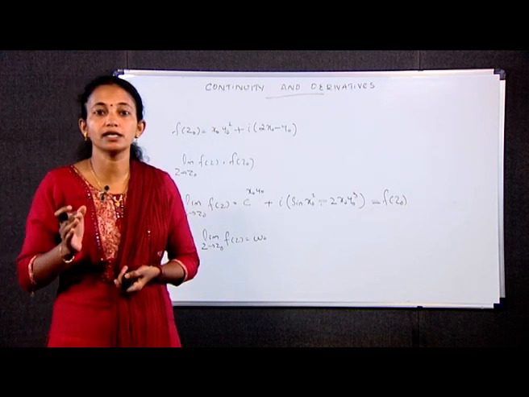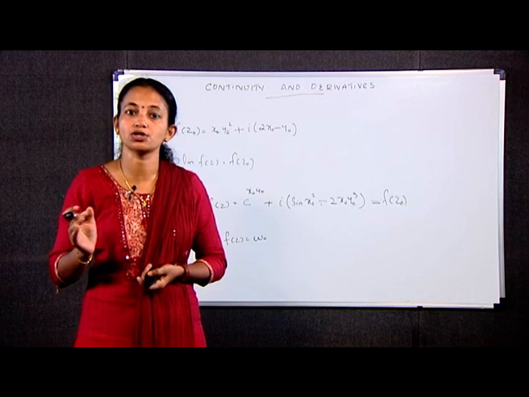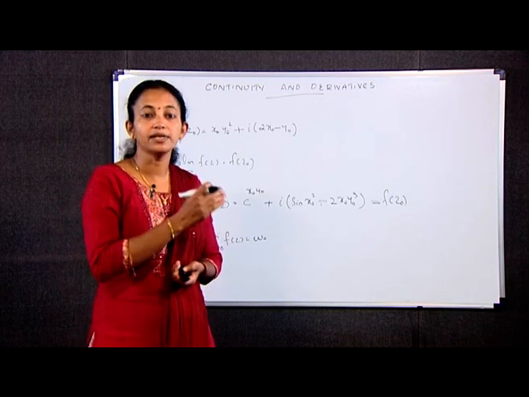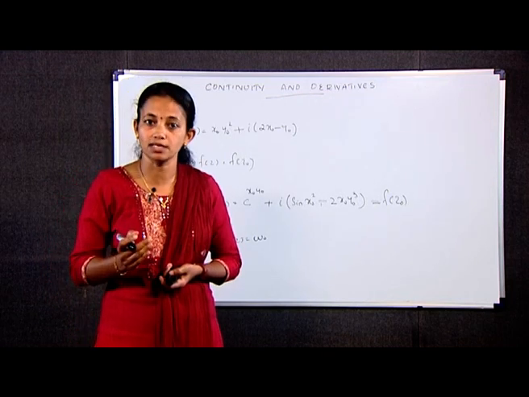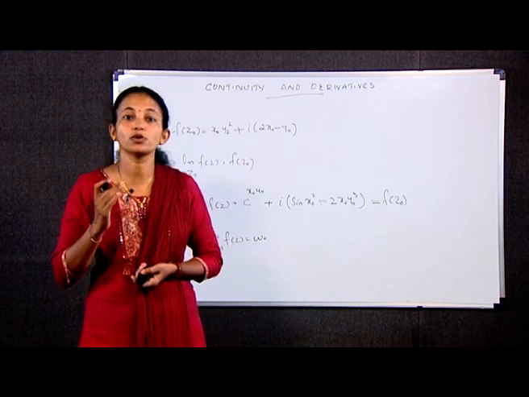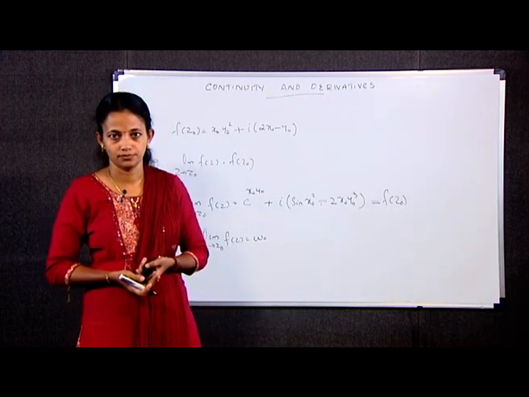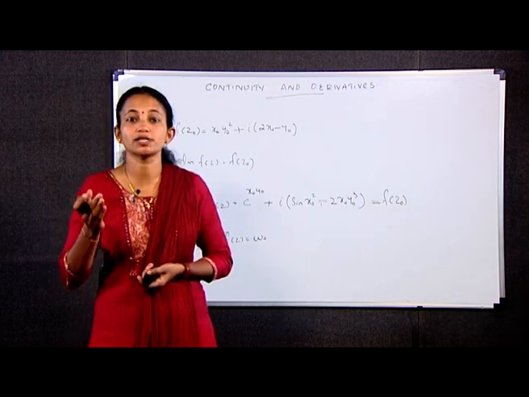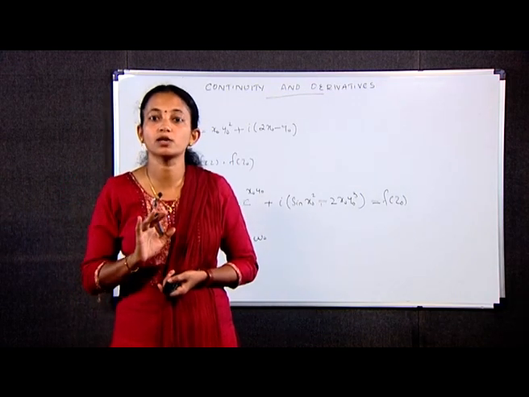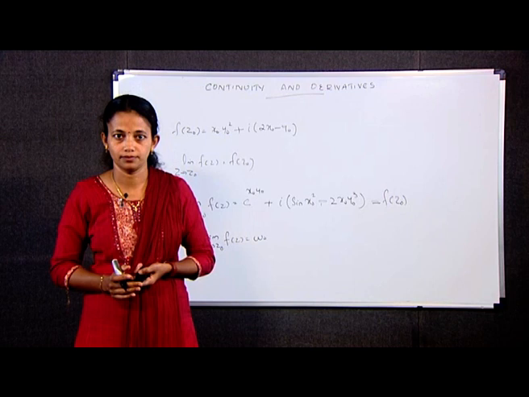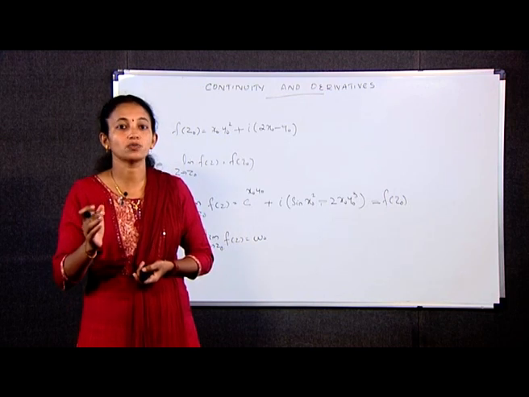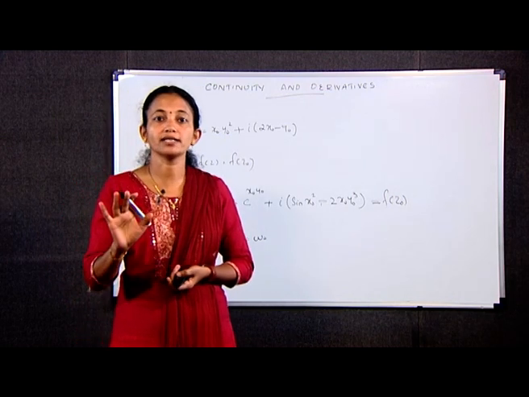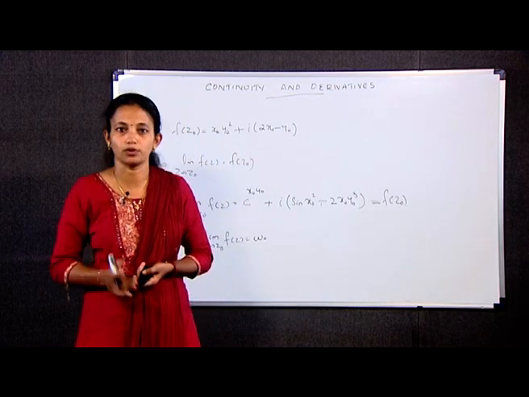If f is continuous at z0 equal to (x0,y0), then limit z tending to z0 of f(z) is equal to w0, which is equal to f(z0). Limit (x,y) tending to (x0,y0) of u(x,y) is equal to u(x0,y0), and also limit (x,y) tending to (x0,y0) of v(x,y) is equal to v(x0,y0).